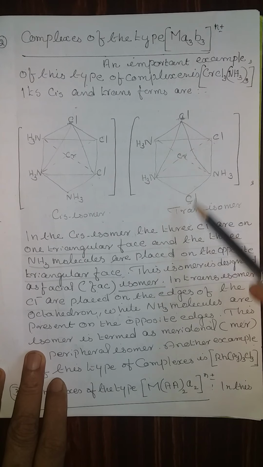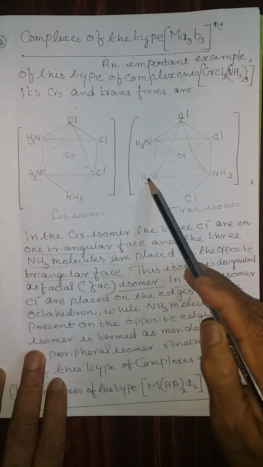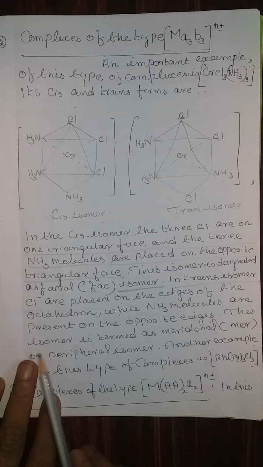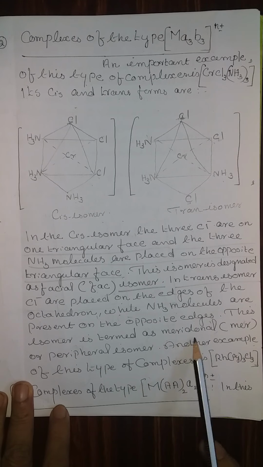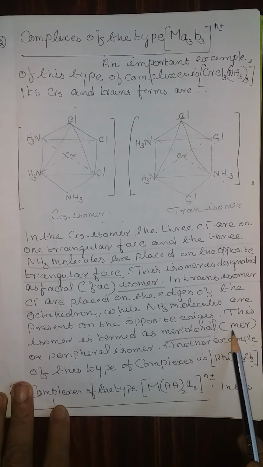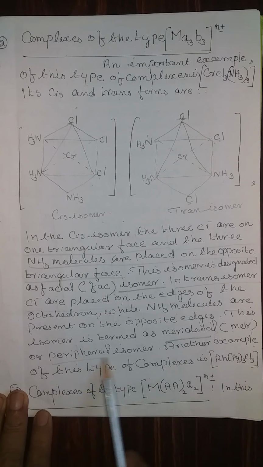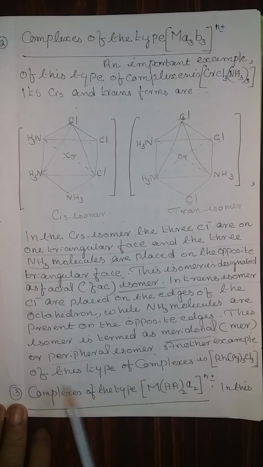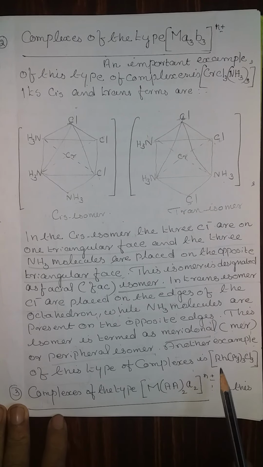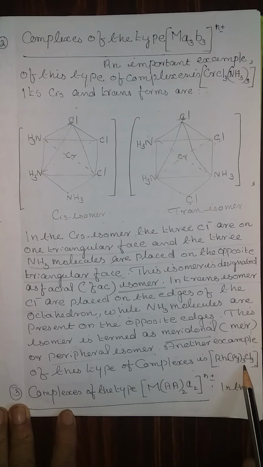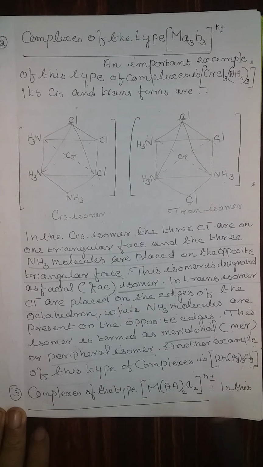Wherever the Cl is placed, just opposite, the NH3 is placed. This isomer is termed as meridional, the short form is mer, or peripheral isomer. Another example of this type of complex is [RhCl3(py)3].